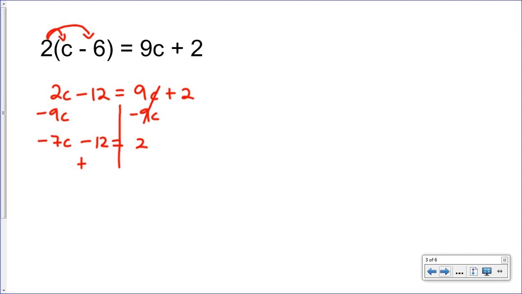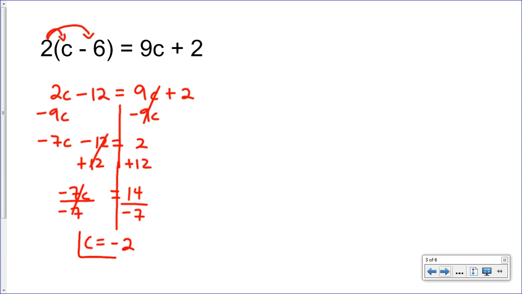Now I need to add 12 to both sides. Divide by negative 7. C equals negative 2. We check to see if our answer is correct.